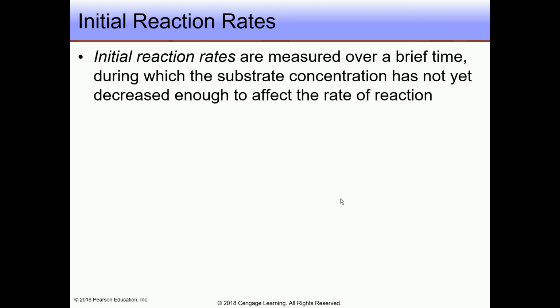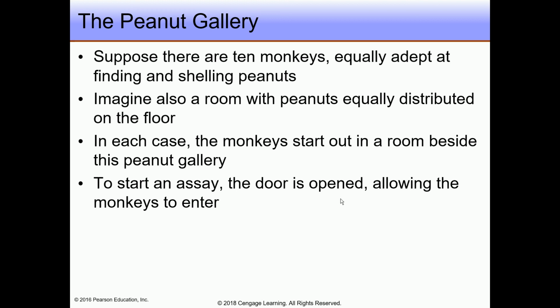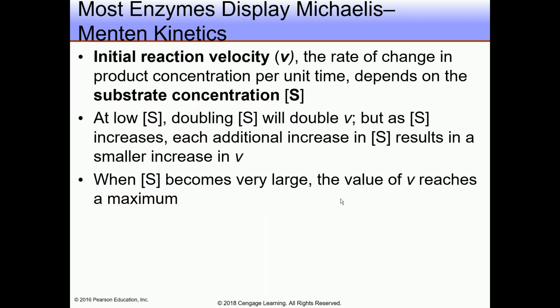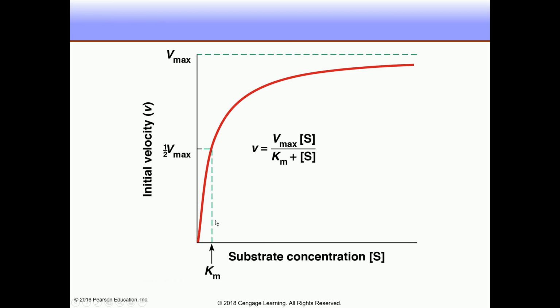So this is the relationship between the substrate concentration and the rate of the enzyme reaction. On the x-axis we have substrate concentration, and on the y-axis we have the velocity of the reaction. You can see that initially, as we increase the substrate concentration, the rate of reaction is increasing.